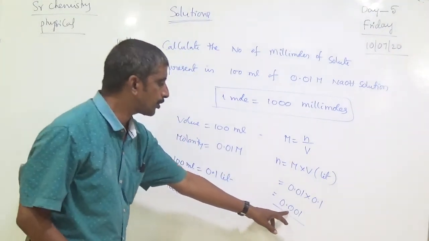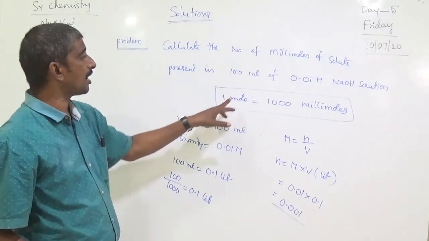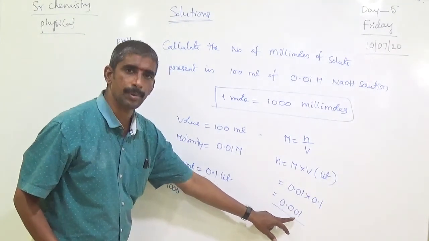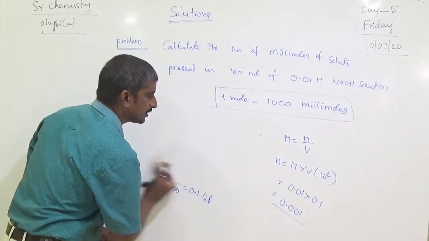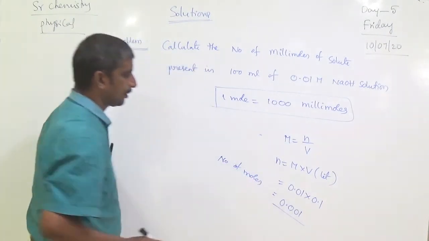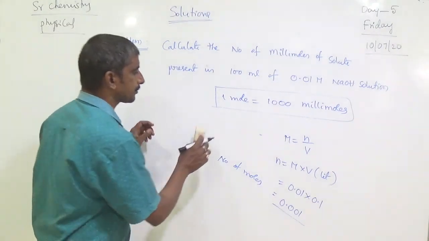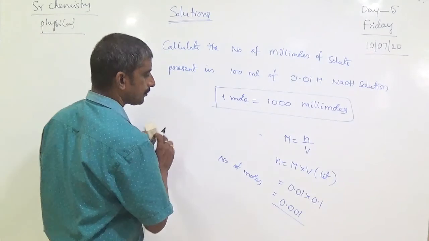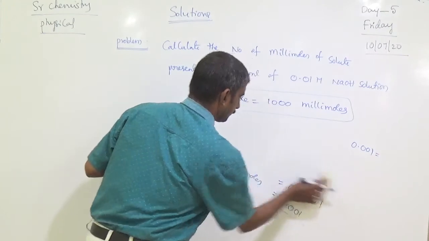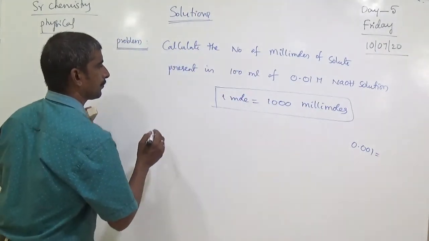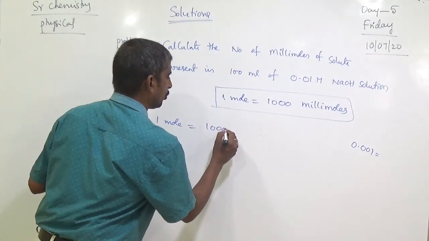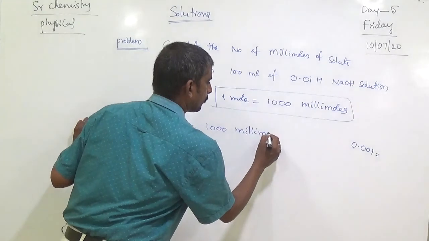They asked for millimoles, so we convert. 1 mole equals 1000 millimoles.